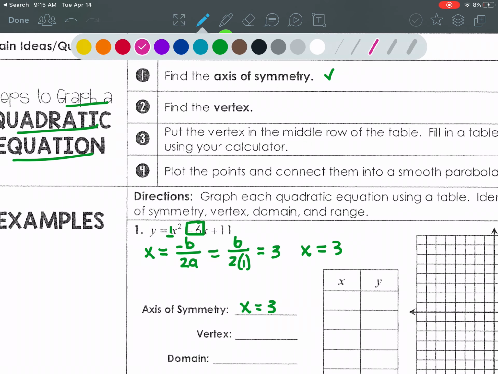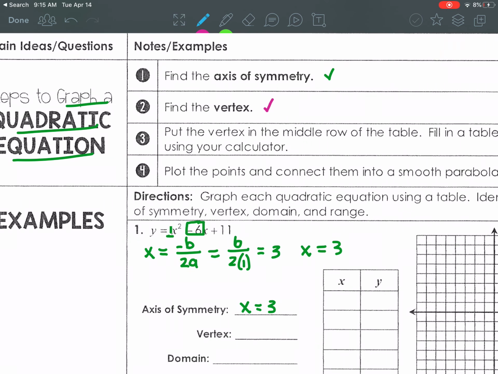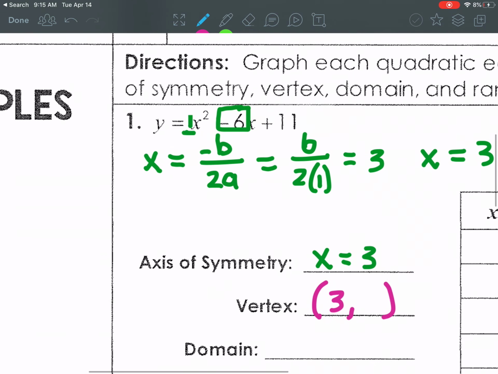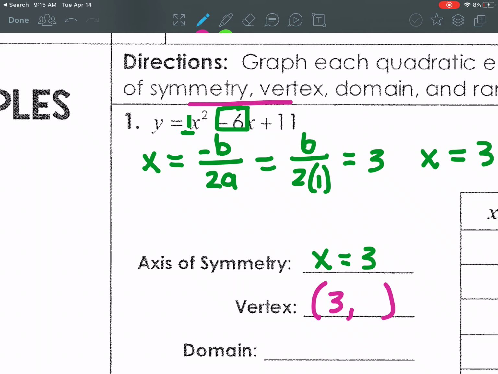Well, we did that last week as well. So we have the x value of our vertex. Remember, the vertex is always an ordered pair. So we have x is 3, but now we need to find the y value. Take your original quadratic equation and plug in x is 3.